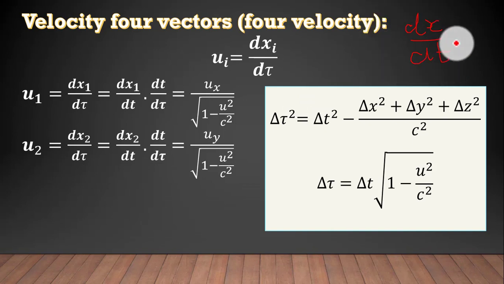You will call these ux, uy and uz, the velocity of the particle along the x, y and z directions.